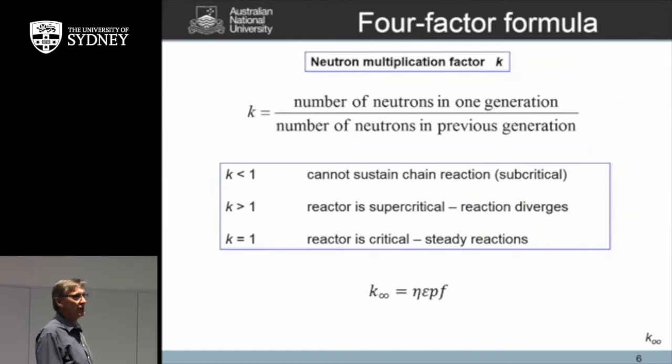If K is less than 1, then you'll lose criticality. You won't sustain criticality. If K is greater than 1, then the reactor is supercritical and the reaction diverges. That's what happens in a bomb, and that's what happens often, or could happen, in a reactor accident. That's what happened at Chernobyl. It's not what happened at Fukushima or Three Mile Island.